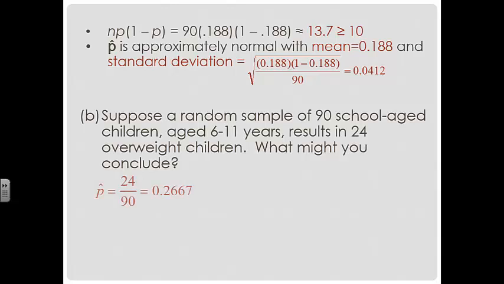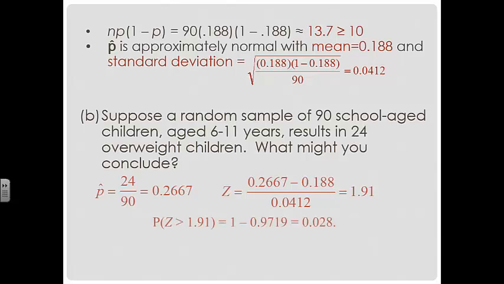So our p hat, our sample proportion, is 0.2667. So we look at the z-score for that, and we get 1.91. And then we look at the probability of a z that's greater than 1.91. So again, we're going to need to subtract from 1. And we get 0.028.